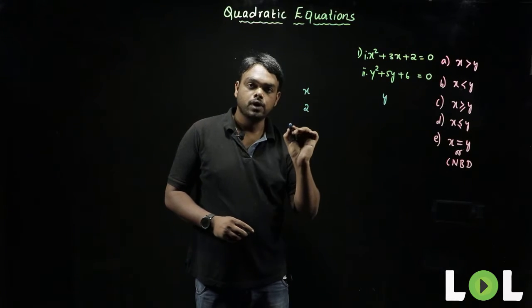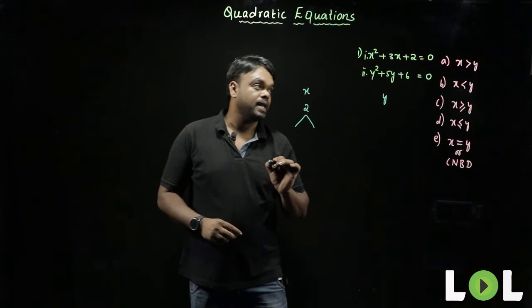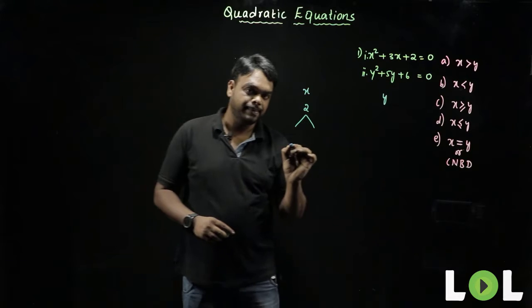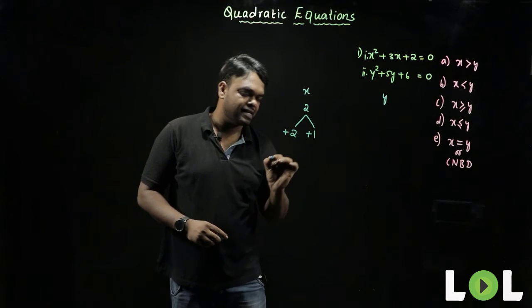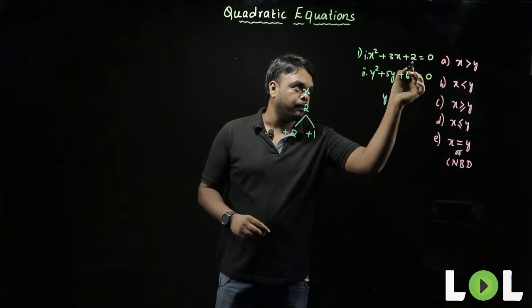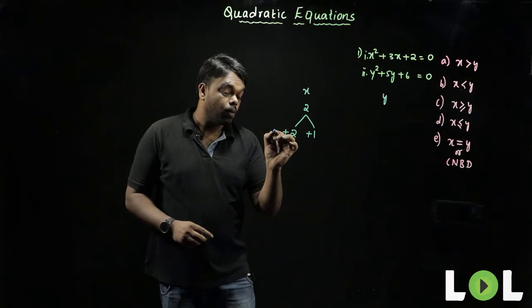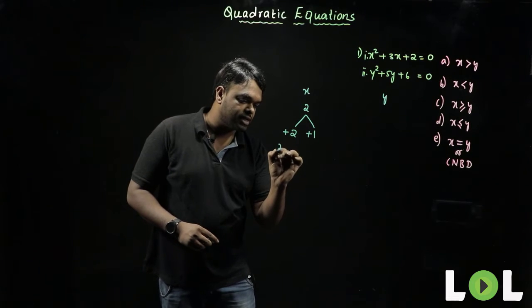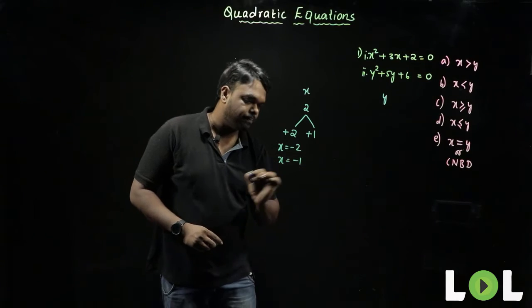Constant 2. We will take two numbers whose product is 2 and sum is plus 3. That is 2 into 1 is plus 2. Product is perfect. Sum 2 plus 1, 3. Perfect. Then what are our factors? Our factors will be x equals minus 2 and x equals minus 1.